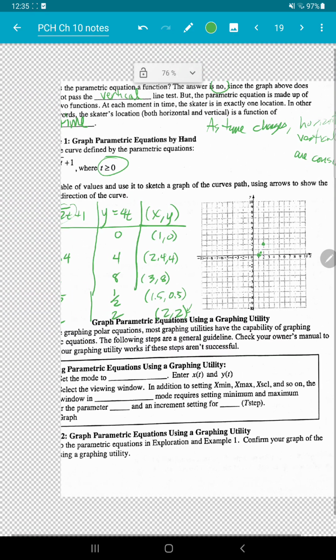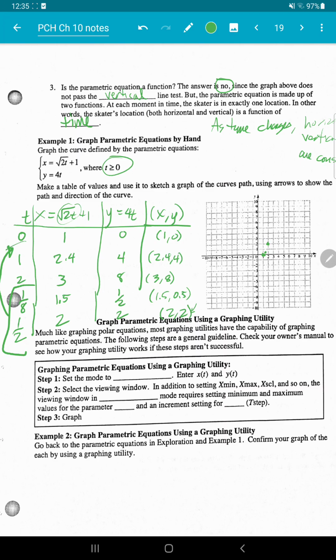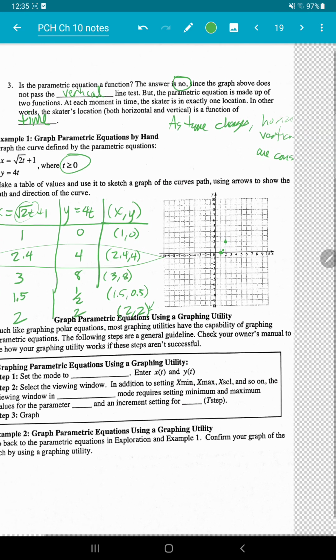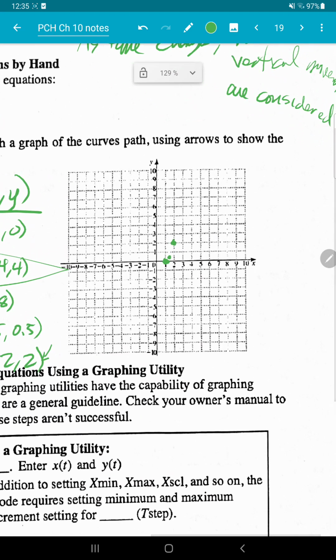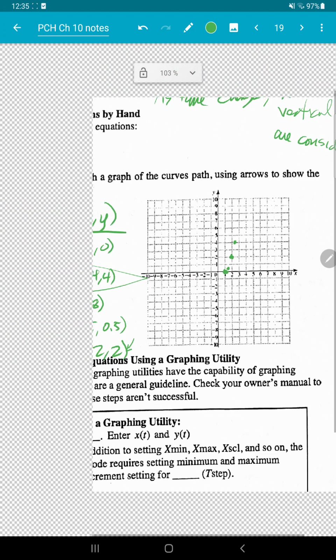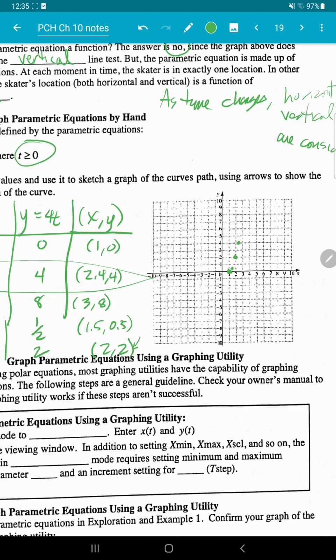And then we can go on to now look at when t equals 1, we'll be plotting 3, 4. So 3, 4. And then our last point would be 3, 8. There we go.